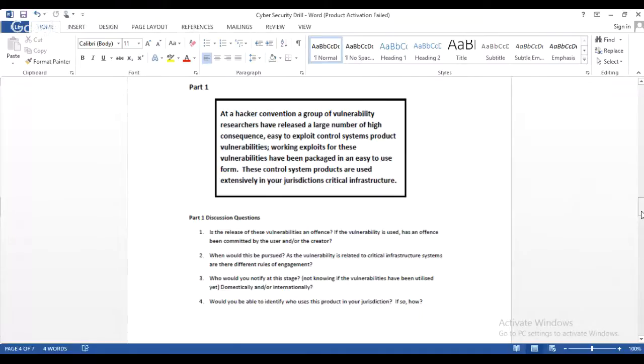Tisha? Yeah, the second question: when would this be pursued? As the vulnerability is related to critical infrastructure systems, are there different rules to engage in? Actually, there are no specific rules for this kind of thing, and it is important that software vendors provide timely patch releases for the vulnerabilities. The important fact here is how quickly software vendors release patches for vulnerabilities and how disclosure affects patch release time.